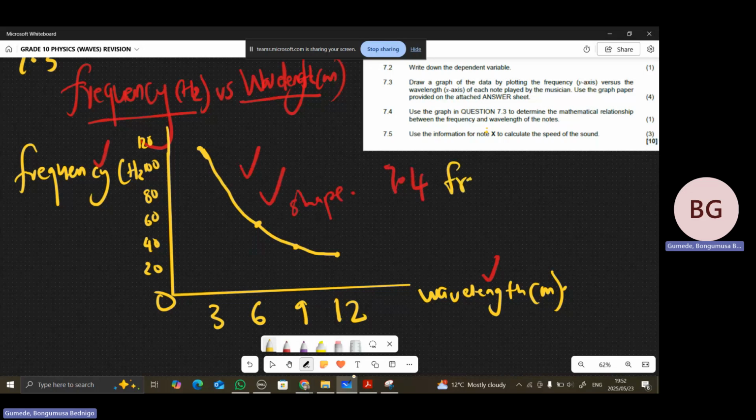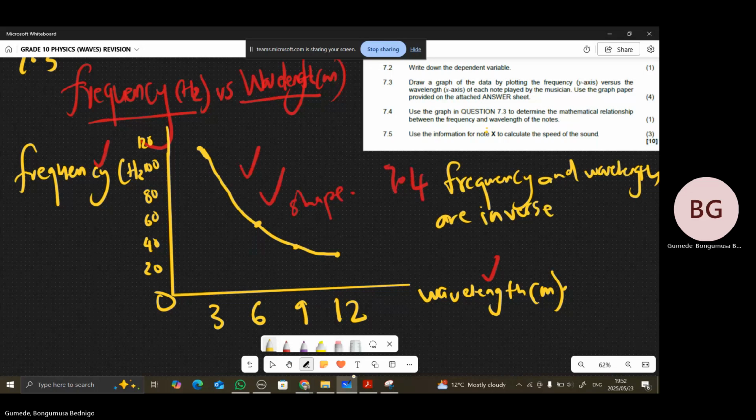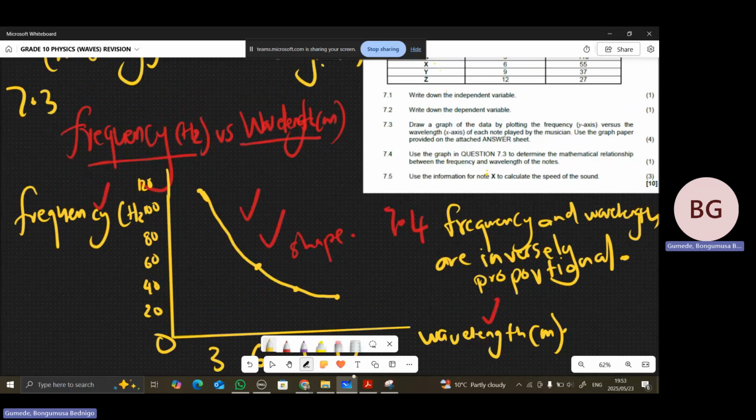We can say frequency and wavelength are inversely proportional to each other. Because when the wavelength increases, frequency decreases, or when wavelength decreases, frequency increases. So that's an inverse relationship.